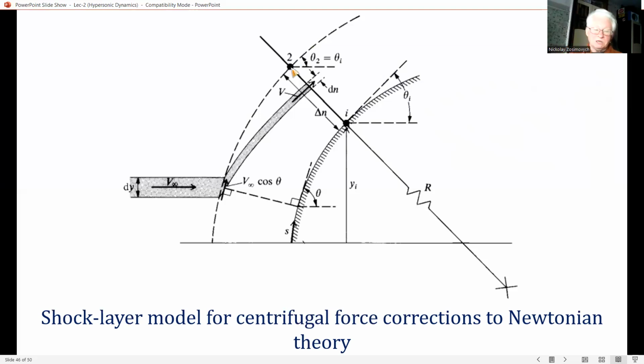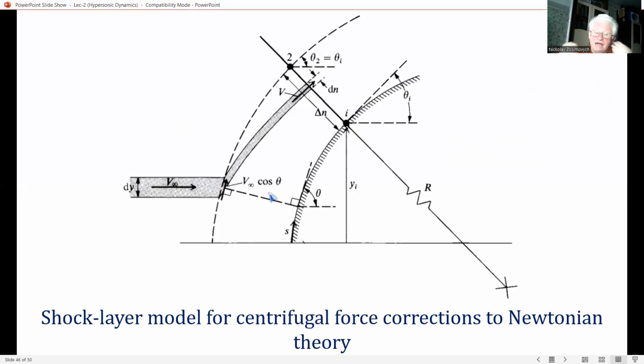Now, consider a streamline within the layer, as shown in the shaded region. In the free stream ahead of the layer, the height of this stream tube is delta y, where y is the coordinate perpendicular to the free stream, and the velocity is V infinity.